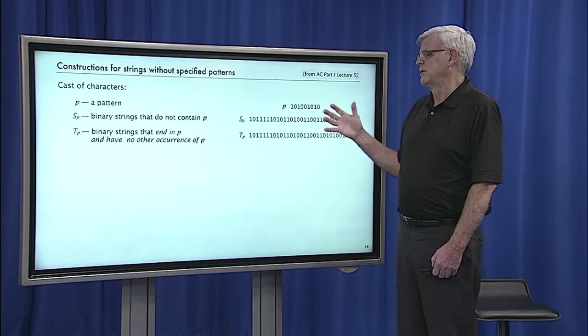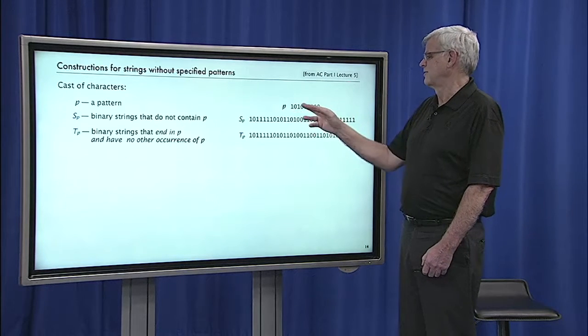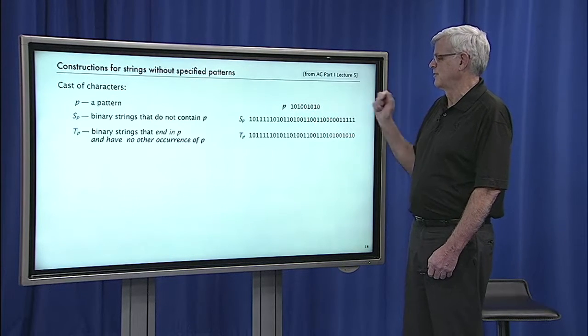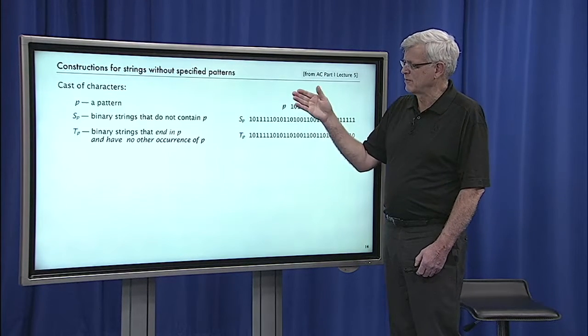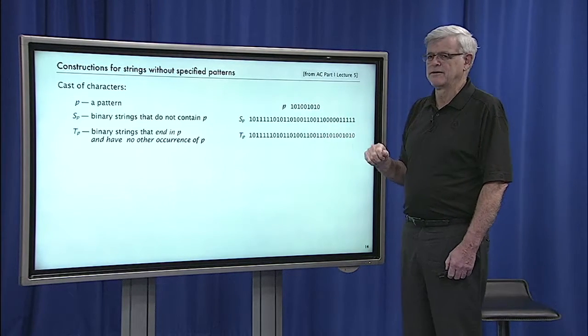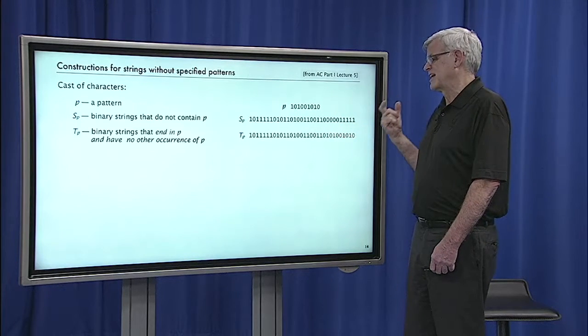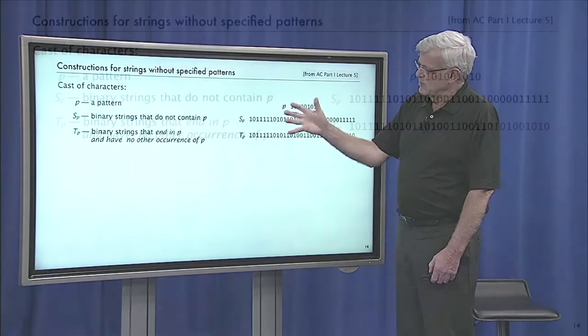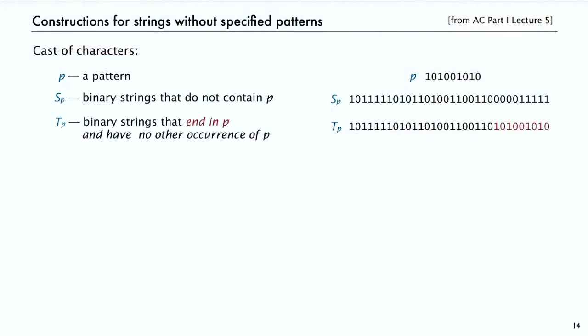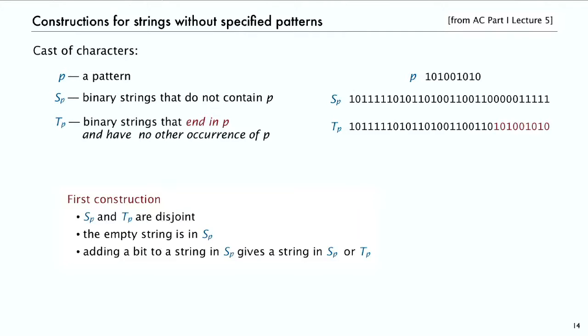For any pattern, say this pattern 10100 10100, we define 2 combinatorial classes: one for the strings that do not contain the pattern, and one for the class of strings that end in the pattern and have no other occurrence of it. Then we develop 2 different constructions of these classes in terms of each other, and that gives us simultaneous equations that we can solve to get the generating function.